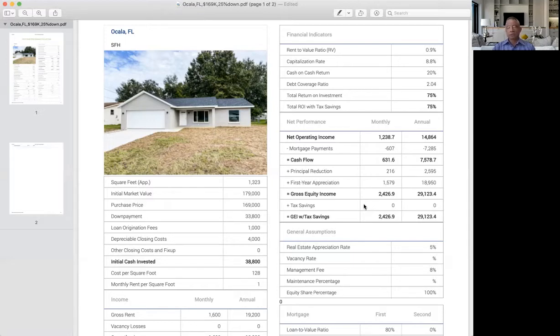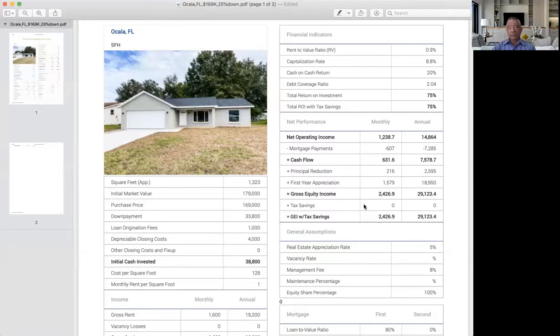Now, if the cash on cash return is 20%, for example, that means based on the first year's net annual cash flow on a financed purchase at 20%, in about 5 years, you're going to recoup your original investment, which is your down payment, whether it be 20 or 25%, depending on each situation.